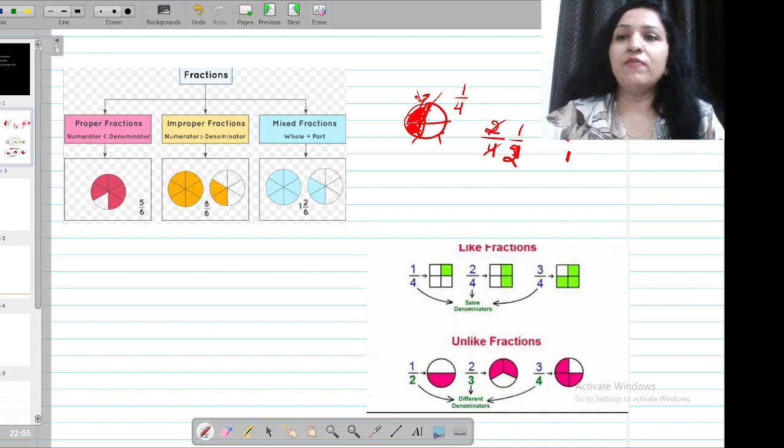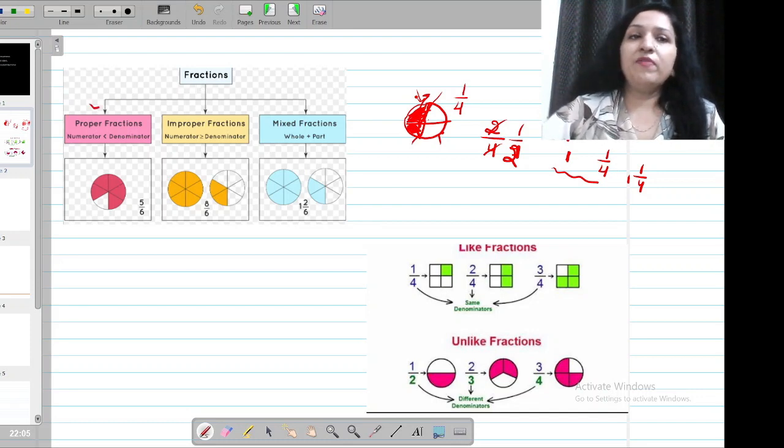Okay. So what is the fraction for this total portion? 1 from here, and what fraction have I picked from the second circle? That is 1 out of 4. So what is in total? In total, it is 1 by 4. This is how we get improper fraction or the mixed fraction. Okay, we'll talk more about it.